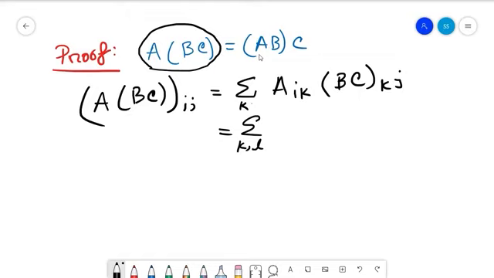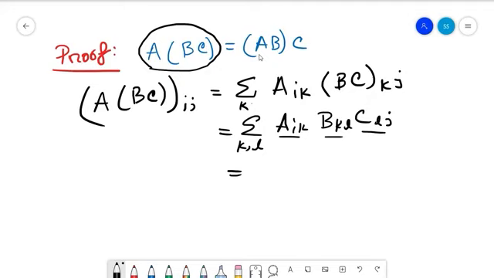Notice that this is actually a double sum. So let's write it as B_kl and C_lj. Now these are just numbers. They're not matrices anymore because we are working with components, right? In fact, this is also a number. So now we can shuffle them as we want. And using the property of addition, that is, addition is commutative. That's the advantage we have here. So we will use that.